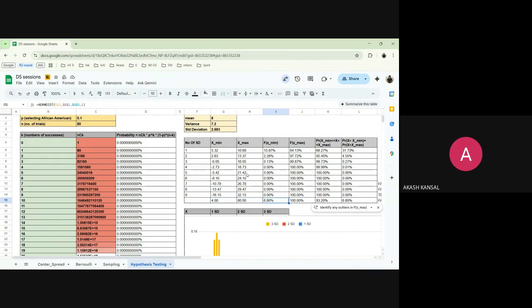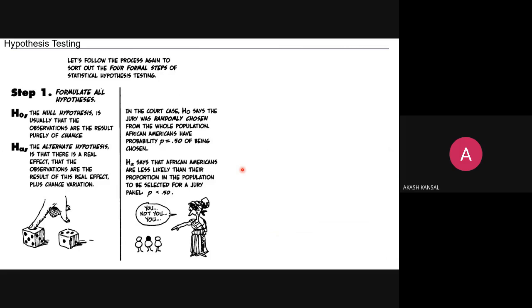Now let's see how the default p values are defined in the industry. For this hypothesis testing, let's follow a process, and let's state some formal steps. First, we need to formulate the hypotheses. First is H naught.